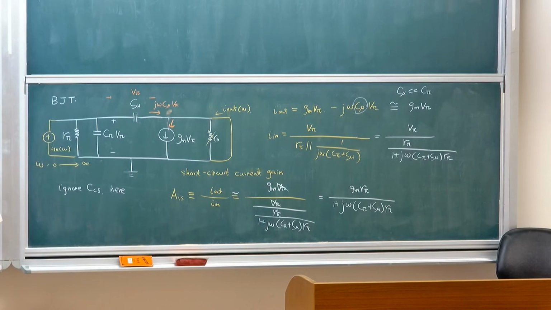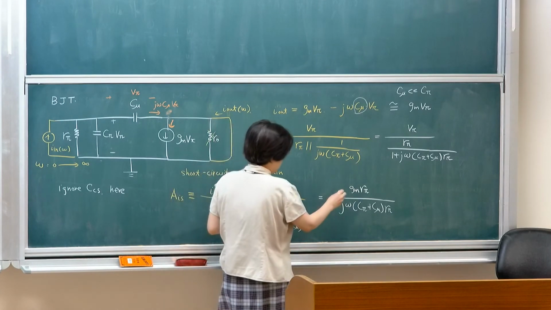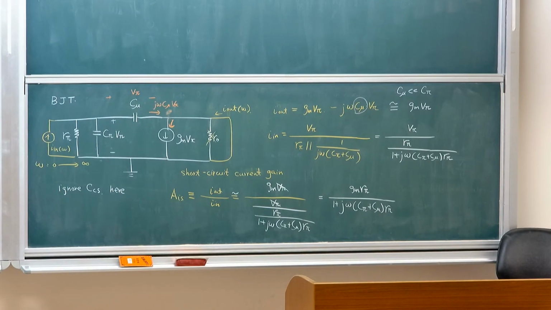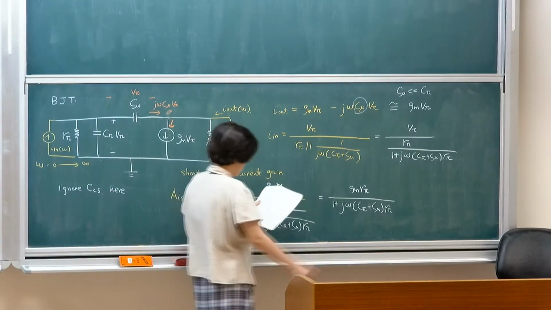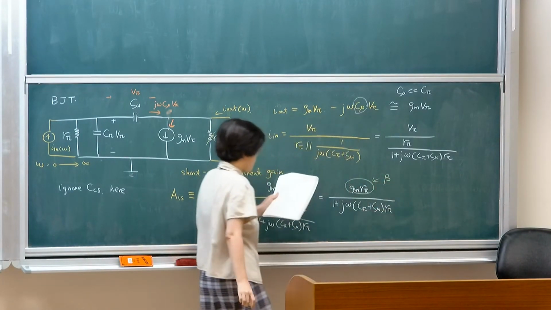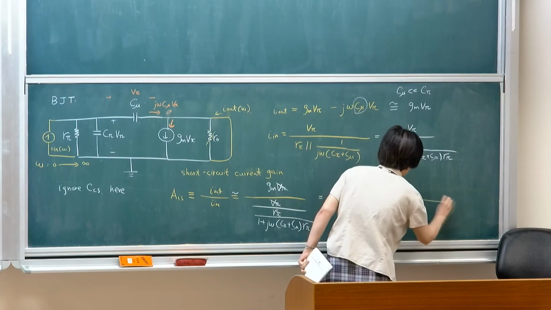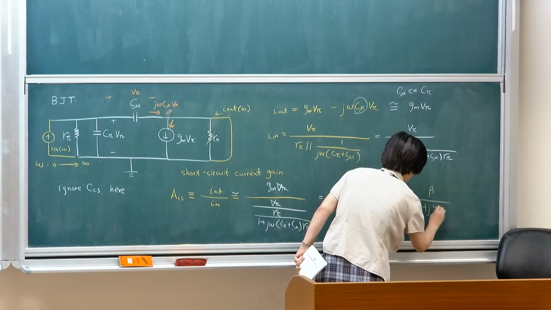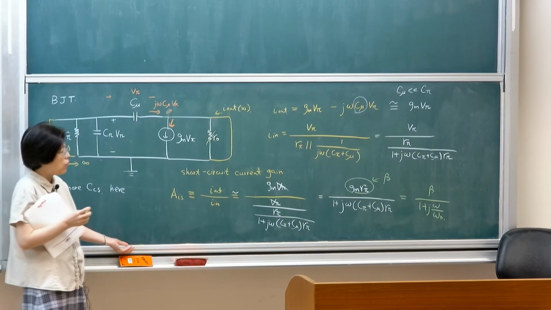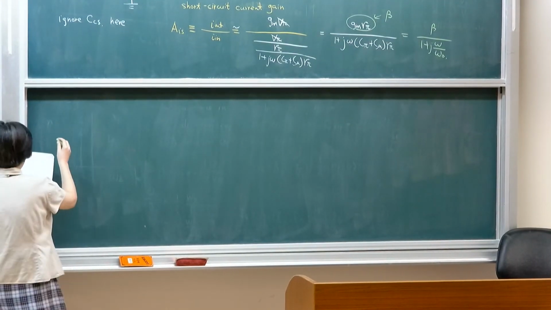So what is gm R pi? gm R pi will simply be beta. So you can rearrange this as beta over 1 plus j omega over omega 0. We actually have a pole or a corner frequency of omega 0. So let me rearrange this.